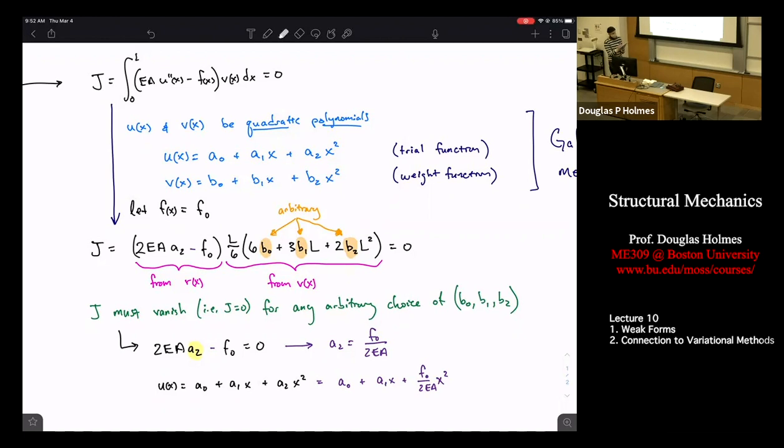How do we find these two? Can we use boundary conditions?